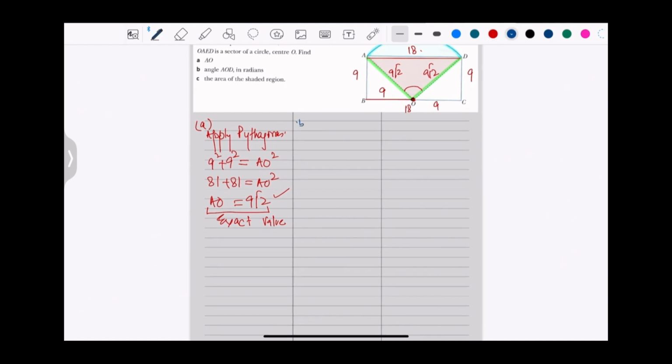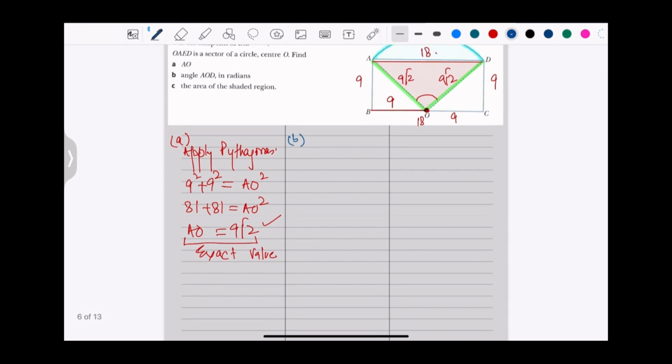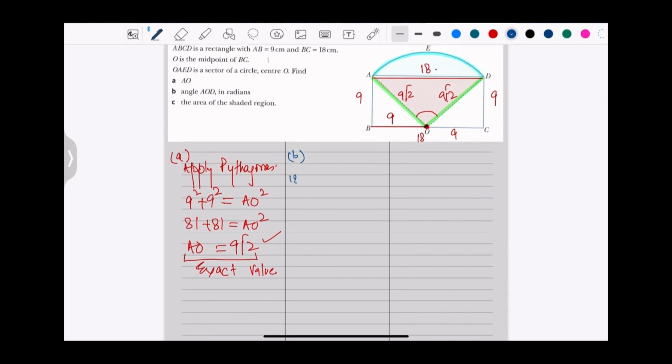So for part B, I'll apply the cosine rule straight away. 18 squared is equal to 9 root 2 squared plus 9 root 2 squared minus 2 times 9 root 2 times 9 root 2 cos of theta, which I don't know. This is the angle theta.